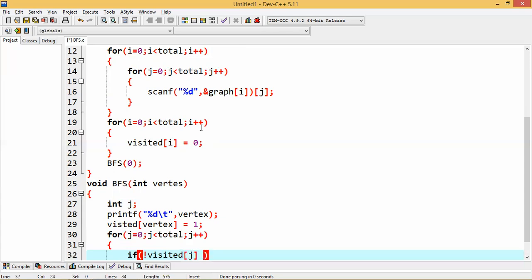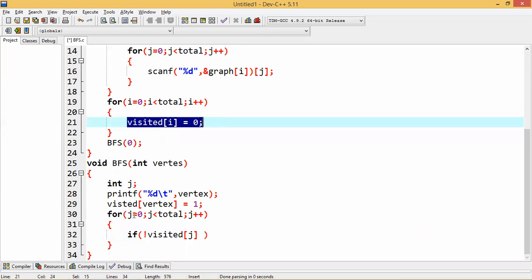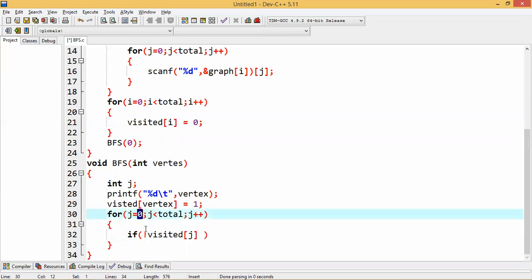Initially I have initialized visited as 0. Clear? Now suppose 0 to 0, that means the 0th node. The 0th node I will not consider because it is already visited. Currently visited of 0 is 1, so not of 1 will be 0. So that means I am not considering 0.